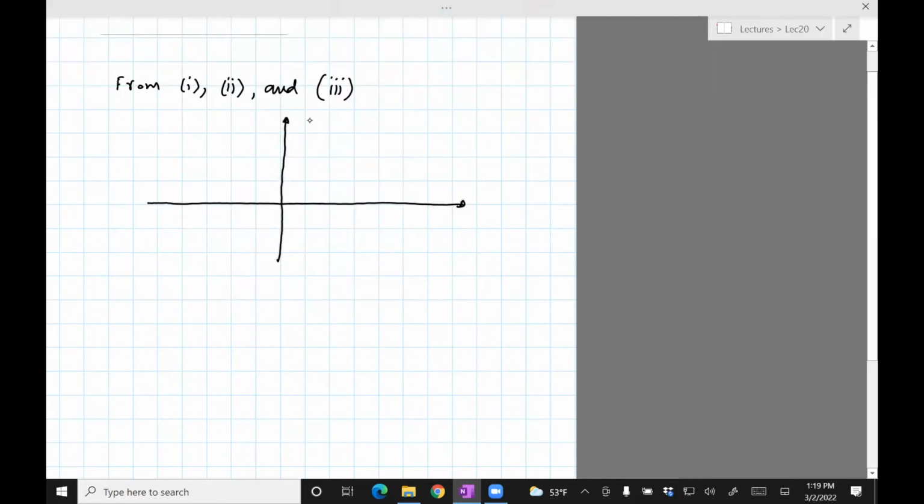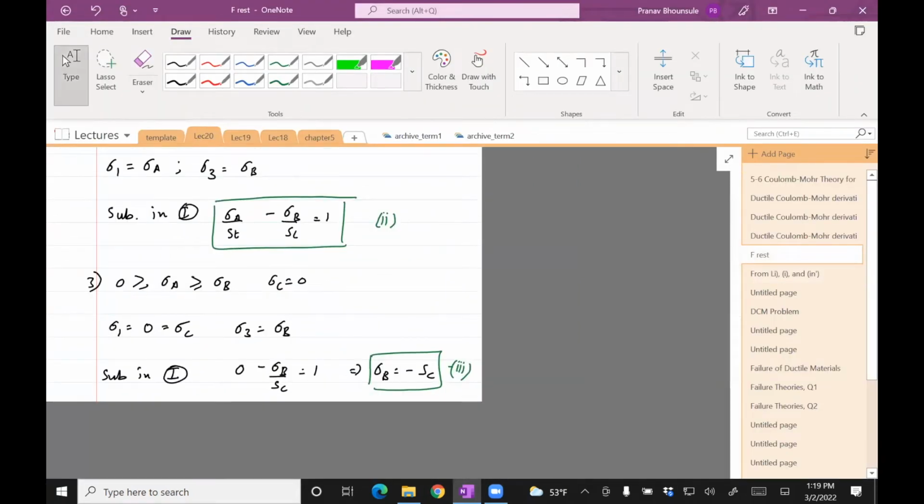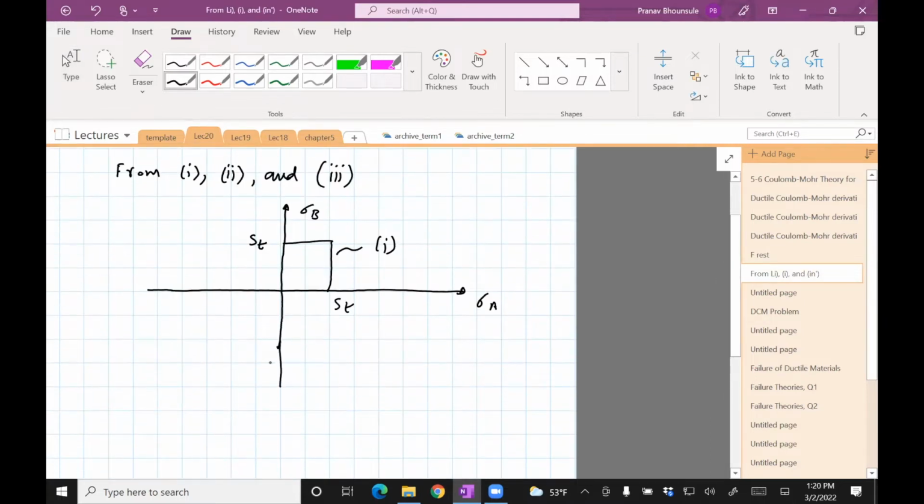On the sigma A, sigma B axes, this will be case number 1. Then from 3, sigma B equals minus SC. So that is in the negative region, somewhere here. This will be from 3.